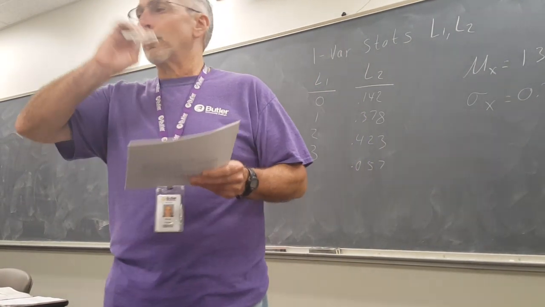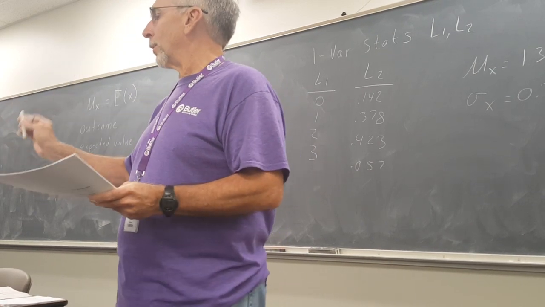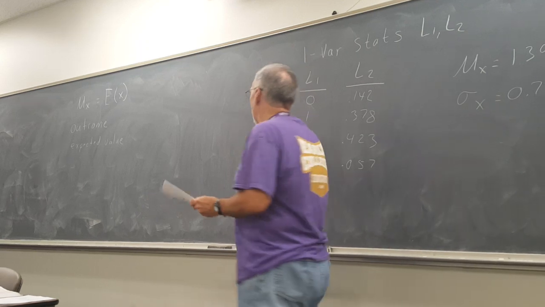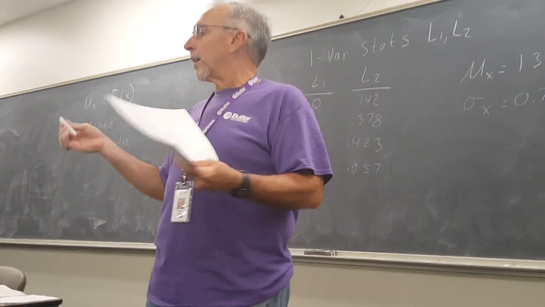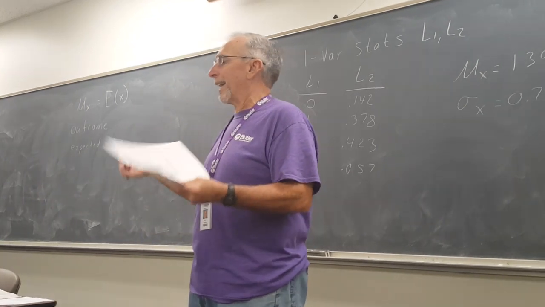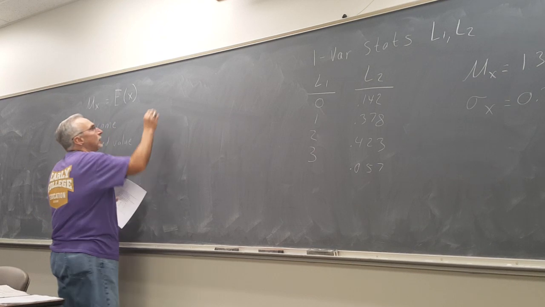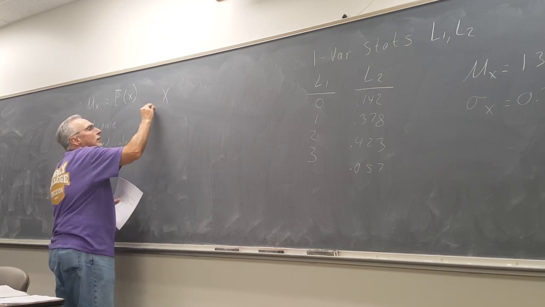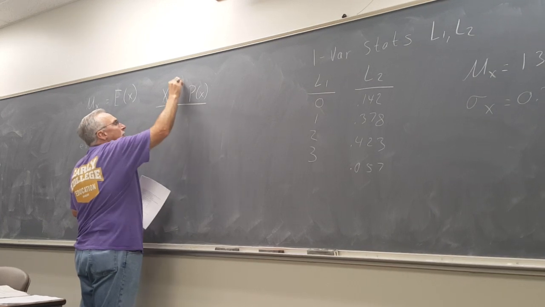Whenever you see the term expected, like on your test, think of probability distributions and means. It's going to be the exact same thing you just did. You have your potential outcomes and the probability of those outcomes.